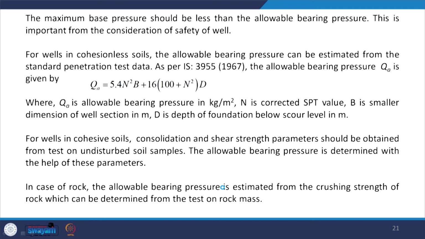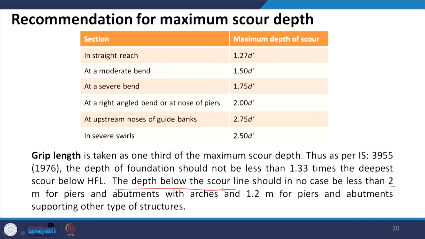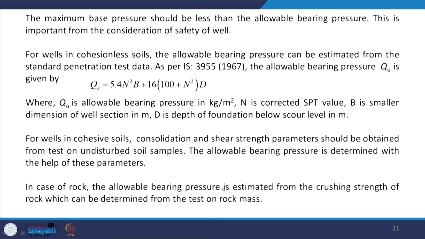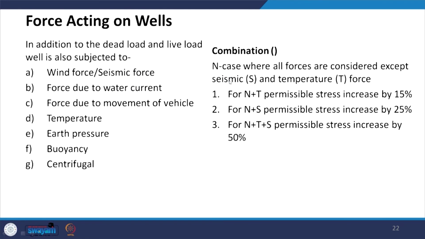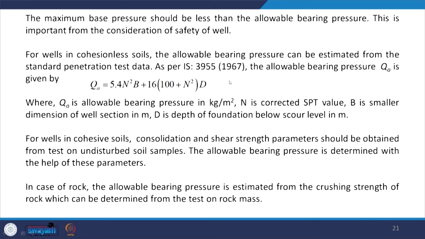Here Q is the allowable bearing pressure in kilogram force per meter square. This allowable bearing pressure depends on the value of N, which is the corrected SPT value.